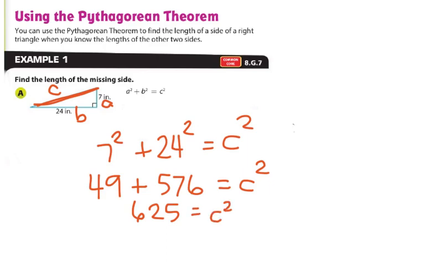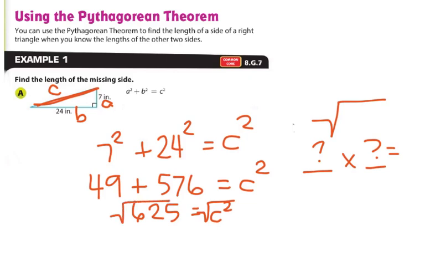Now, I don't want to know what c squared is. I want to find what c is. And so in order to find what c is, I've got to take the square root of it, right? Remember, the square root is when you ask what number times itself gives you that answer. It has to be the same number, right? And so I'm going to take the square root of both sides.